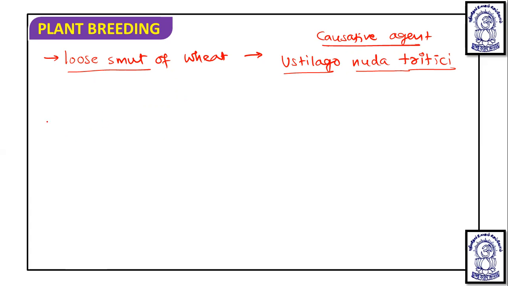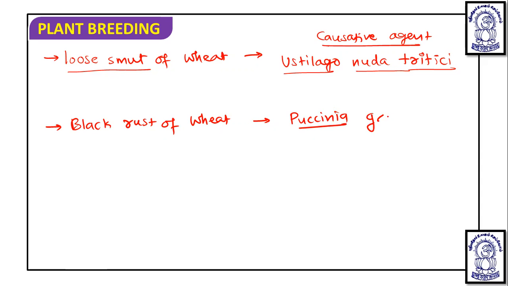After this, there is black rust of wheat. Now this black rust of wheat is caused by Puccinia graminis tritici. Puccinia graminis tritici causes the black rust.